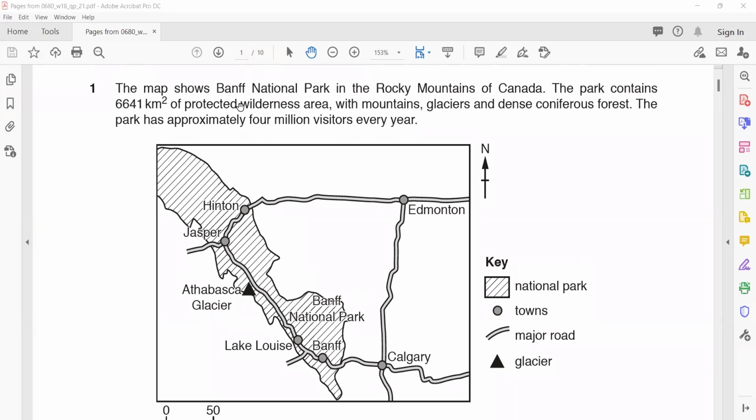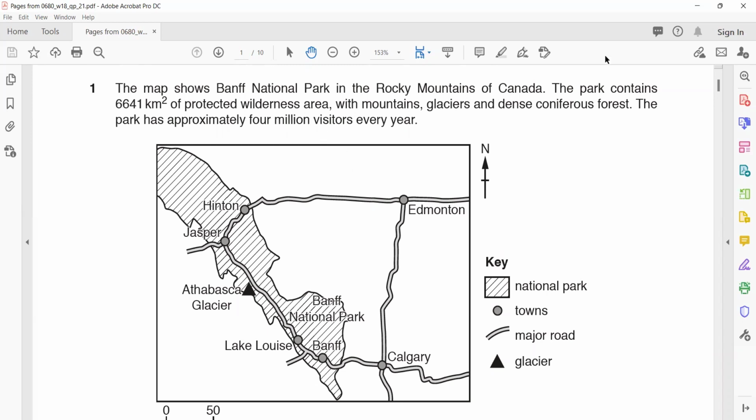So inside this park, you have the wildlife, the mountains, the glaciers, and the dense forest of conifer trees, and the park has approximately 4 million visitors every year. Every year, 4 million visitors come to this park.